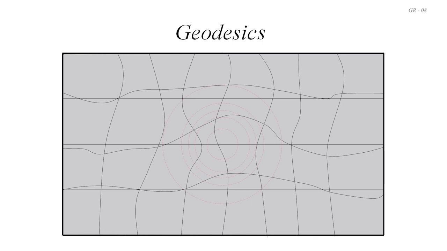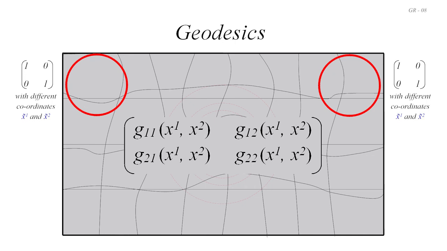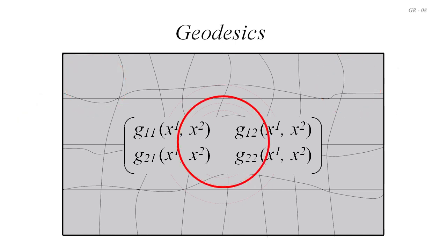In this case, with curvilinear coordinates like these throughout the whole of the space, the metric tensor in any and every region would not be the identity matrix, but rather a complex function of x1 and x2. Granted, knowing that certain parts of the space are actually flat, for example here and here, then we could transform the x1 and x2 values in those regions into something else, say x1 tilde and x2 tilde, such that the metric tensor for those regions was the identity matrix, but that wouldn't apply here.